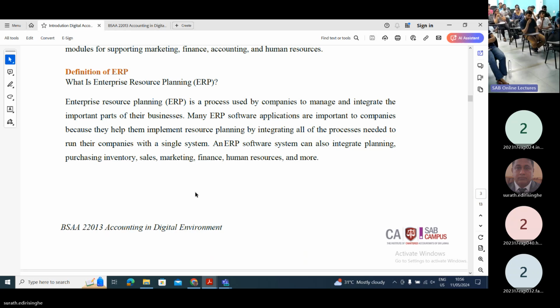I explained what resources are. By integrating all the processes needed to run their companies into one single entity. One single entity. And an ERP software system can also integrate planning, purchasing, inventory, sales, marketing, finance, human resources, and so on.